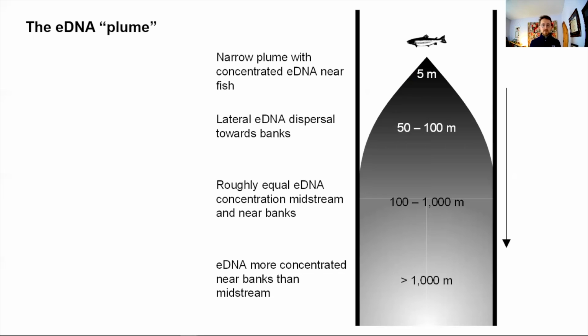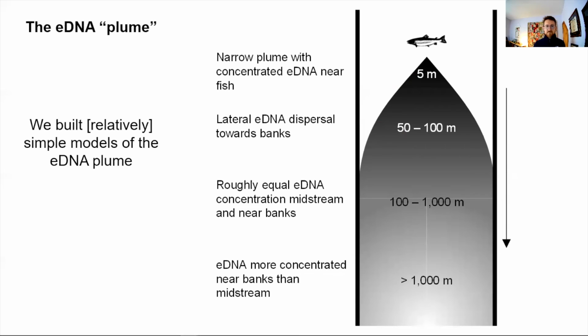As we move downstream, we see lateral mixing of eDNA, bringing it out towards the banks until we've got this sort of wide band of pretty even mixed eDNA midstream and bankside. And then because of the dynamics of the stream, the hydrological dynamics specifically, we get eDNA building up on the banks, so stuck in eddies or falling out onto the stream bottom.